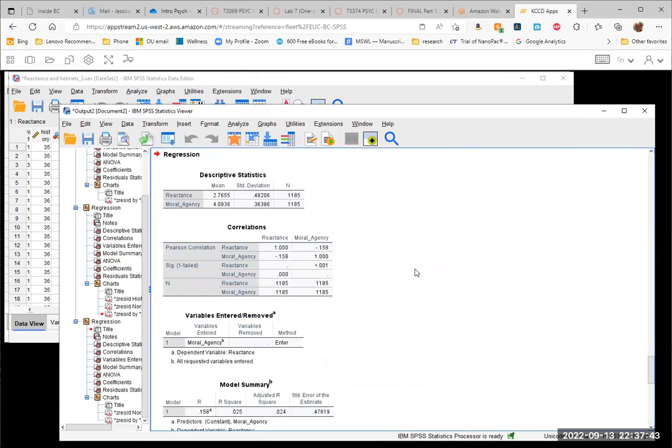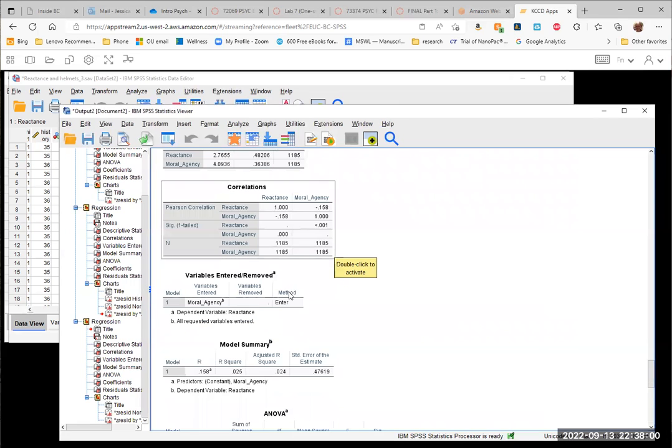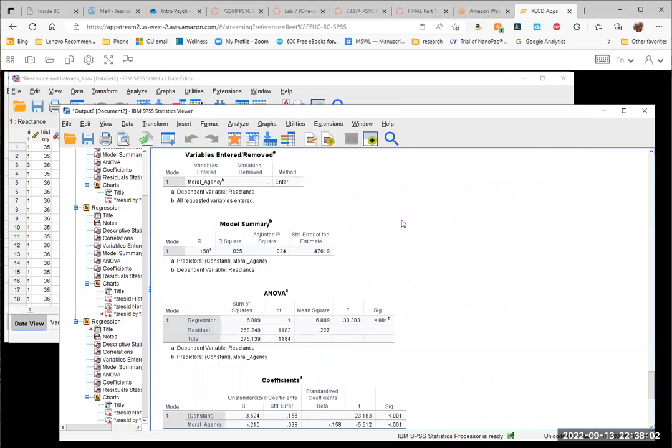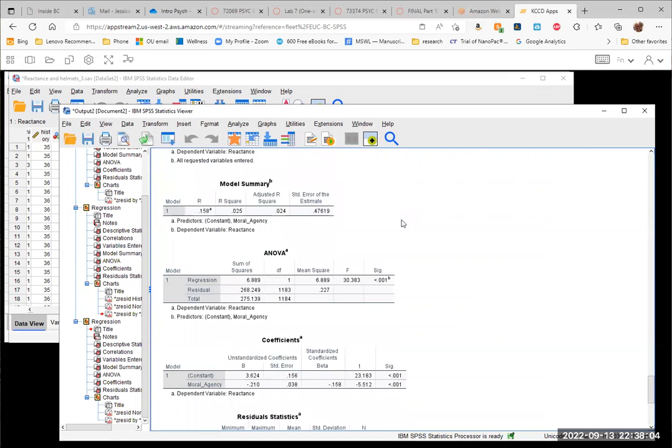All right, so we're going to get our usual output. Just as a reminder, we have our descriptives, mean and standard deviation of the two variables. We have our zero order correlation, which is negative 0.16, which is statistically significant, but this is a huge sample, so practically anything is going to be statistically significant, right? This is just for demonstration.